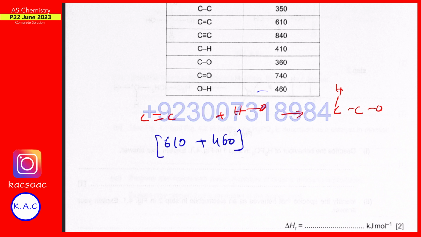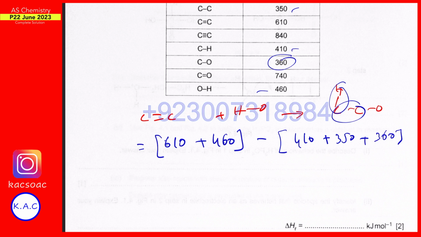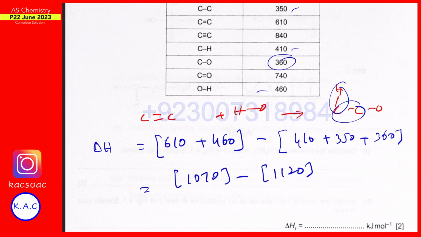These are the total bond energy of the reactant, minus CH bond, that is 410, plus one C single bond C, 350, and one C single bond O, that is 360, and that whole is equal to delta H. So let me calculate the answer. 1070 minus 1120, so the answer is minus 50 kilojoules per mole.